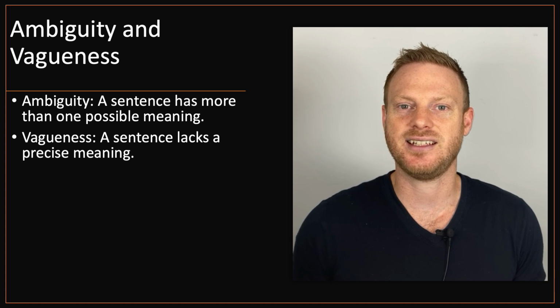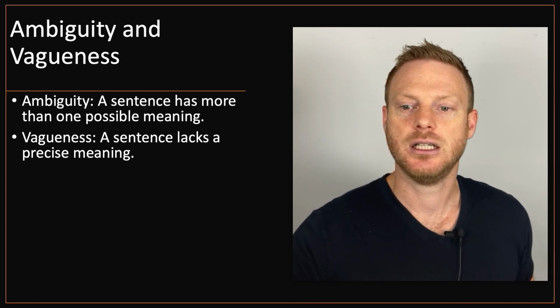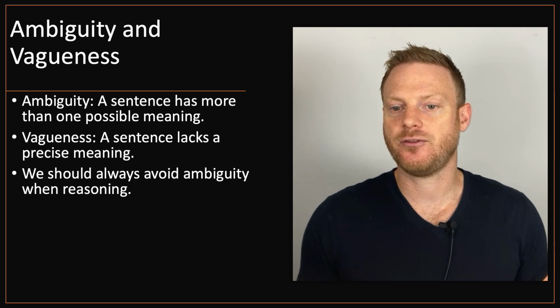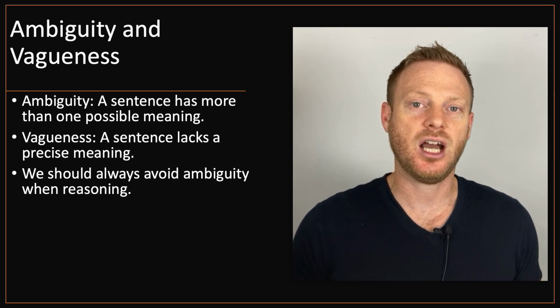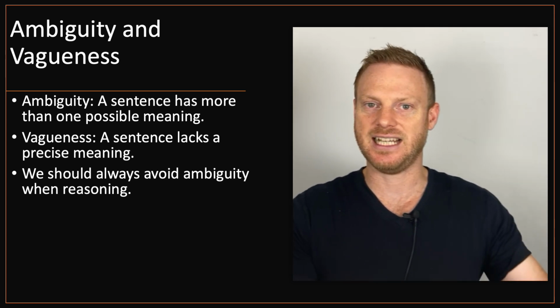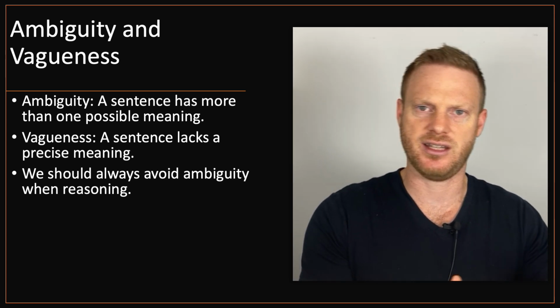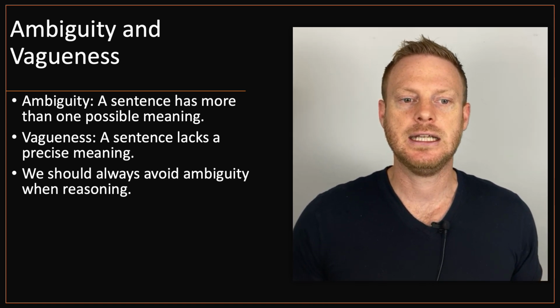So there actually isn't options, it's just sort of a hazy idea. Now, first and foremost, we should always avoid ambiguity when reasoning because you don't want to give multiple options and make your audience guess what does he mean or what does she mean, this or that, right? You want to be as clear as possible and avoid ambiguity.